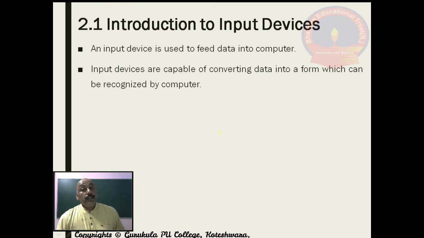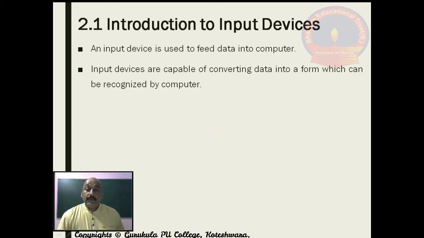Now input devices are capable of converting data into a form which the computer can recognize. You and I normally recognize English alphabets, Kannada alphabets or Hindi alphabets, numbers and different things, because we are humans.